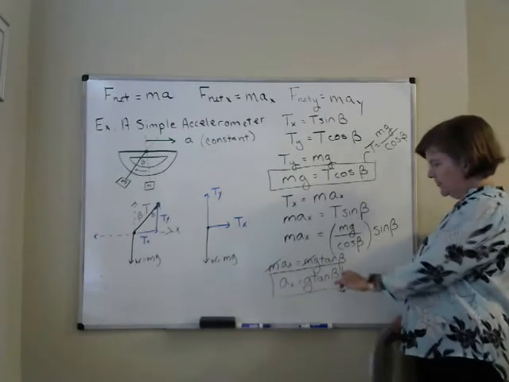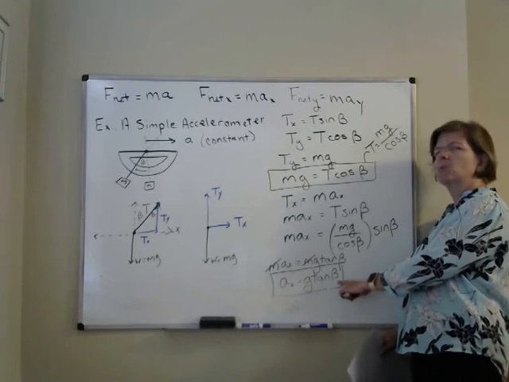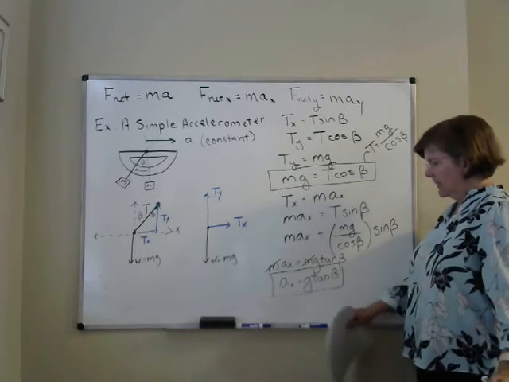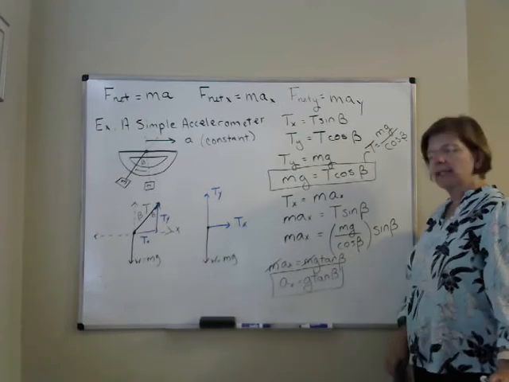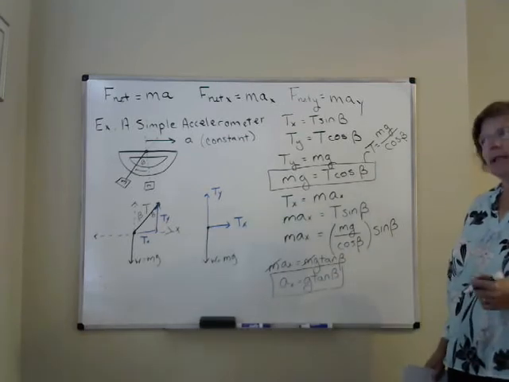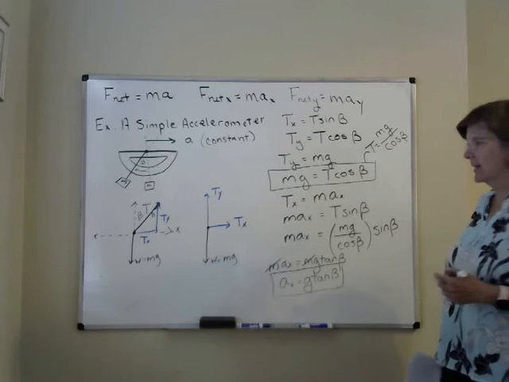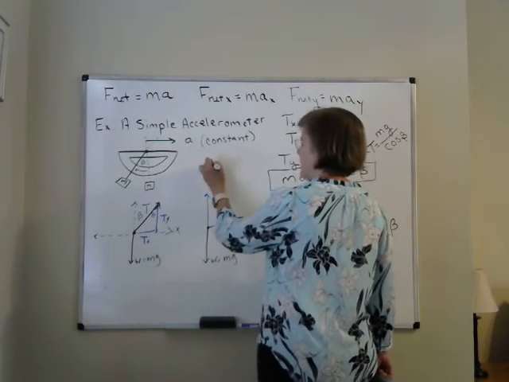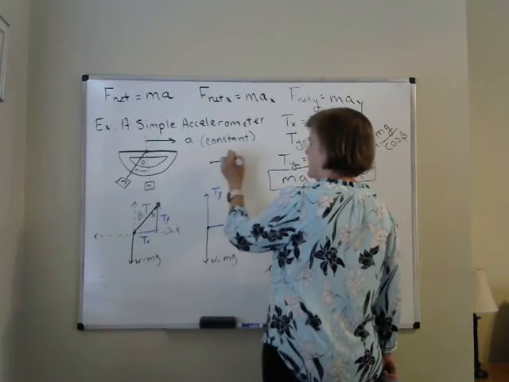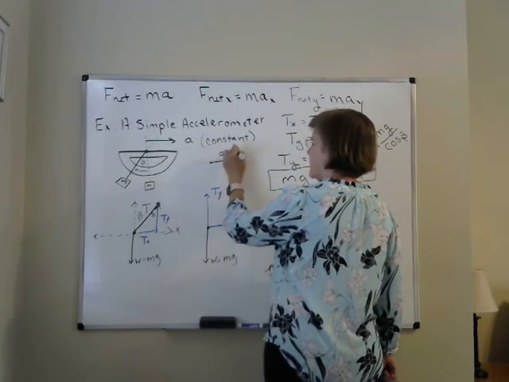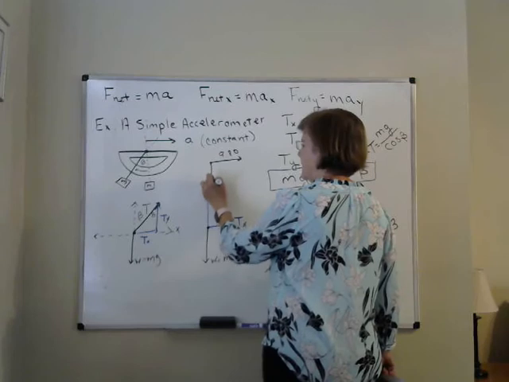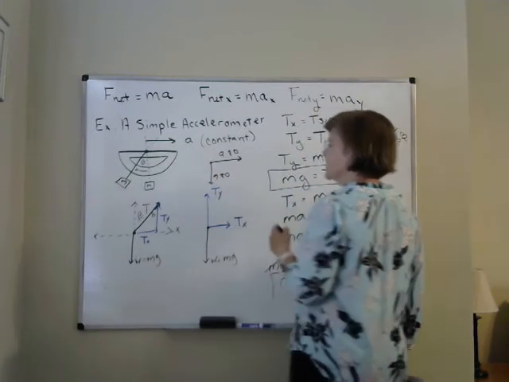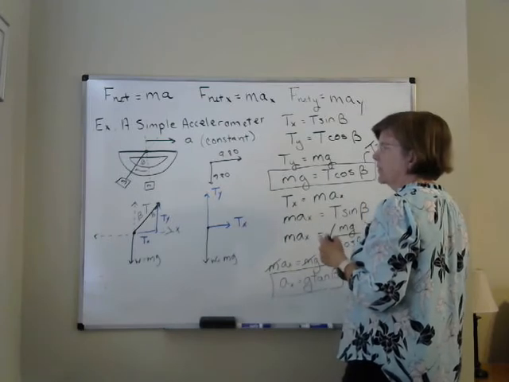At 45 degrees, tangent is 1. So at 45 degrees, it means your horizontal acceleration is exactly equal to g. That really makes sense if we think about it. If your acceleration is 9.80 this way and acceleration due to gravity is 9.80 this way, you would expect the angle to be 45 degrees.